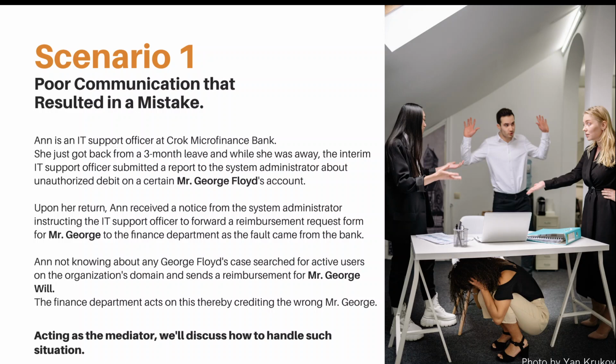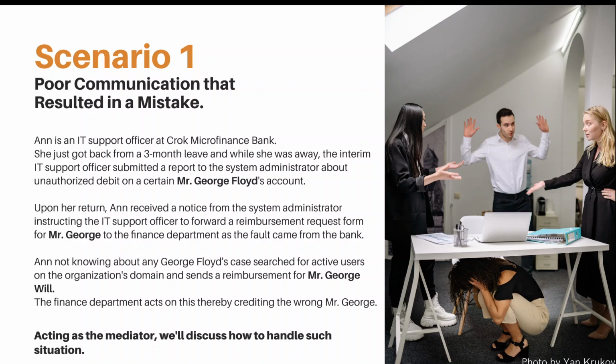Both parties believe they did right, and it was a kind of miscommunication. Let's say the system administrator had mentioned Mr. George Floyd in particular, then okay, fine. Anne would have known that this is the person, a certain Mr. George Floyd.